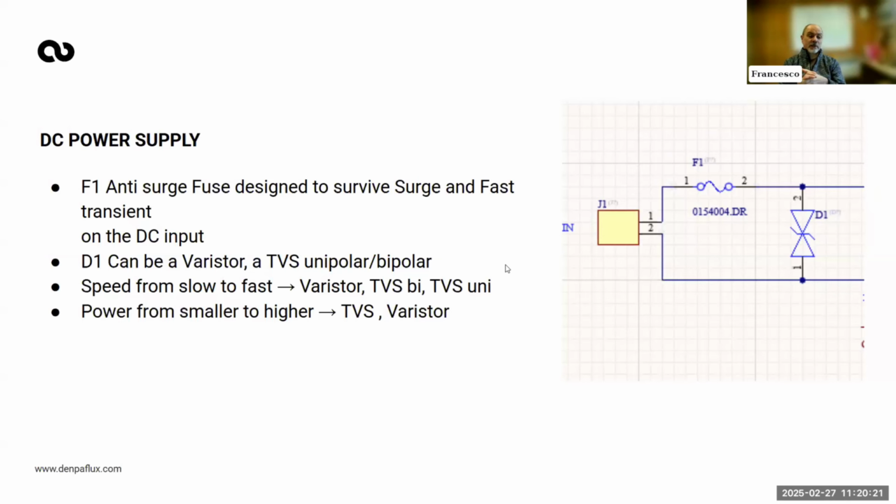So for example, if you're expecting here to have a surge test, you should use a varistor, not a TVS. For example, if this is powering something that is inside a car, the surge test is quite demanding there.